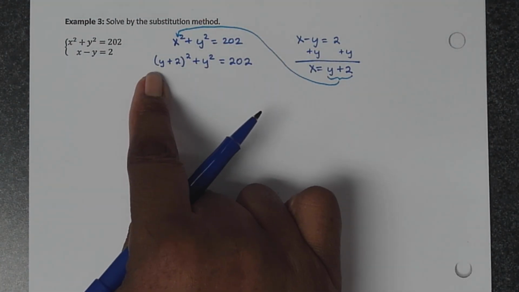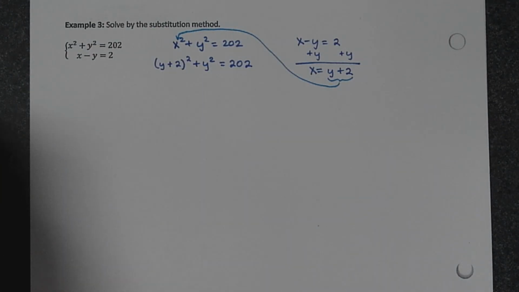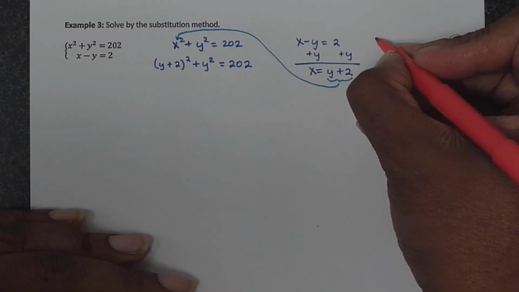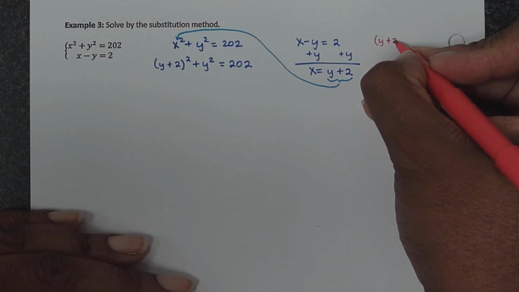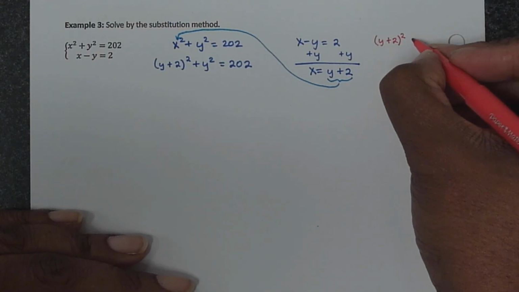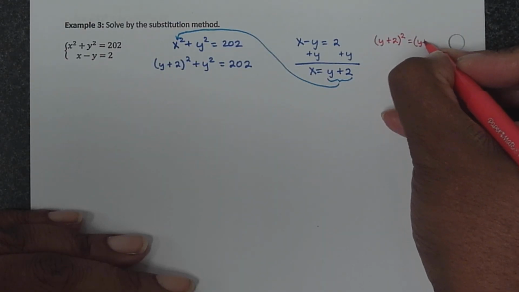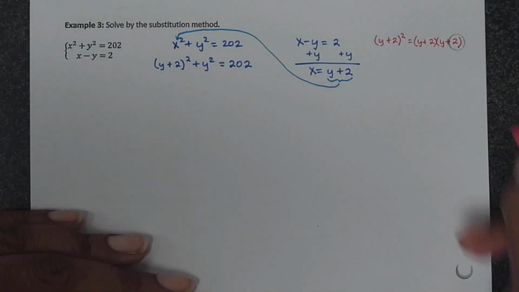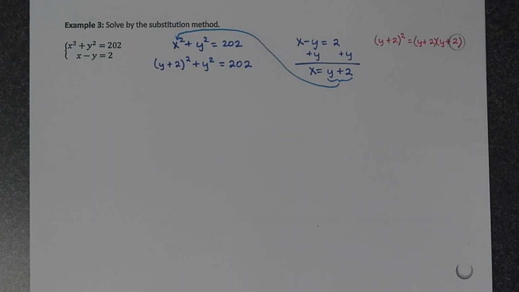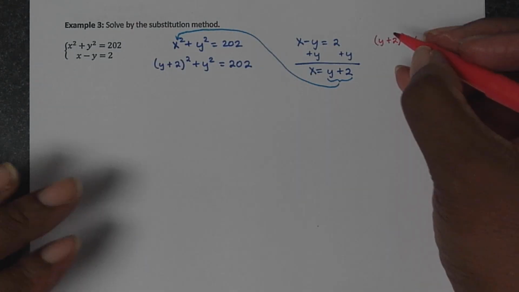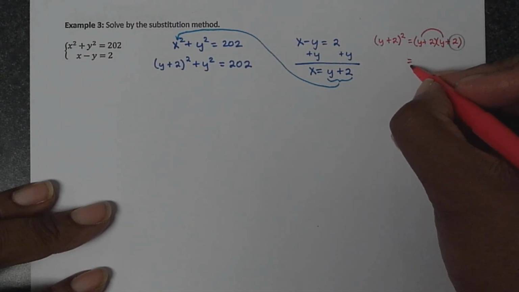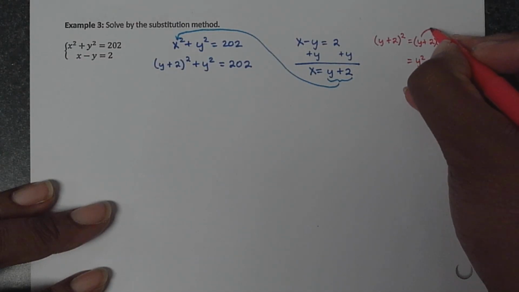All right, now I need to simplify that y plus 2 quantity squared. I can do that off to the side here. Y plus 2 is used as a factor twice, so I'll write that as y plus 2 times y plus 2, and use the FOIL method. First times the first, y times y, that's y squared.